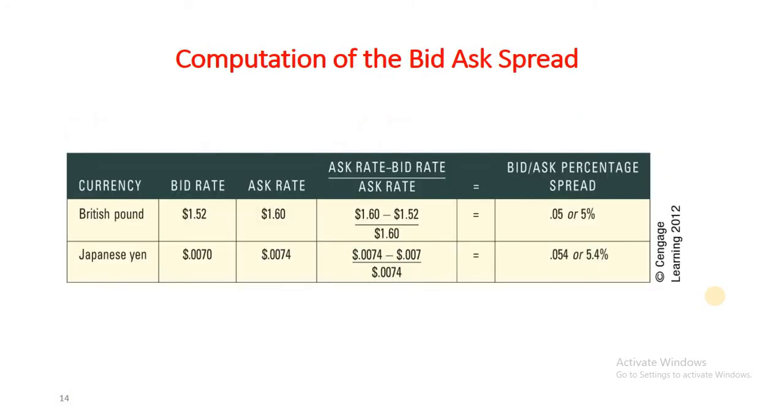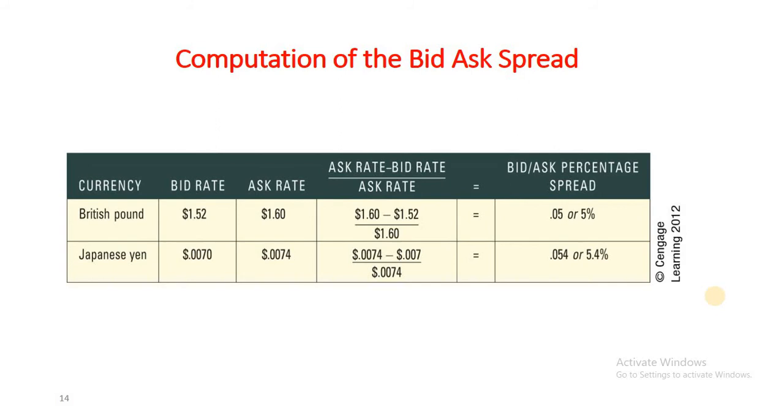Let's look at the example of bid ask spread. So over here there are two currencies, British pound and Japanese yen. One British pound is equal to, as per bid rate, $1.52, and as per ask rate it is $1.60.